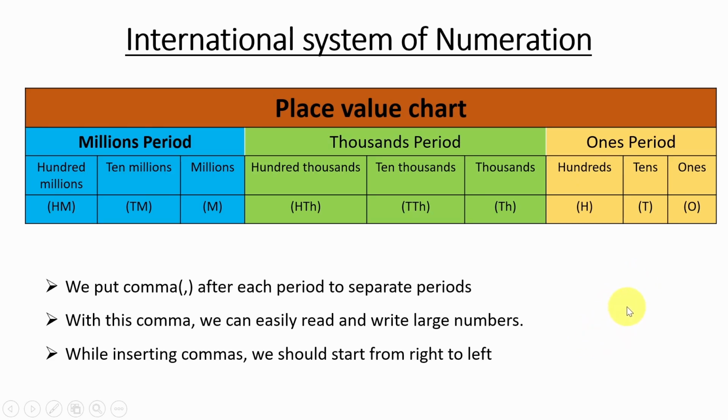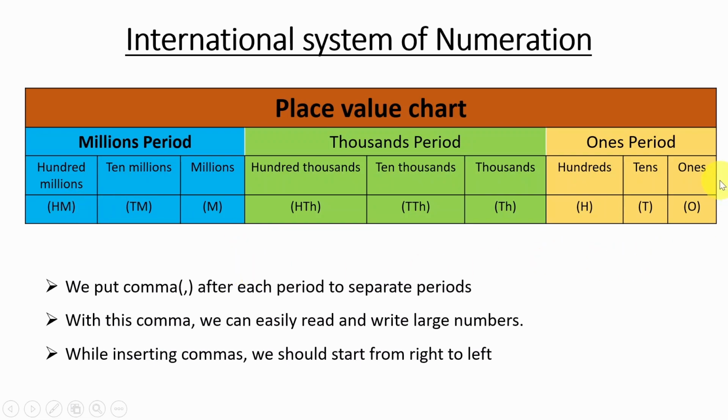Next one is International Number System. This is the place value chart of International Number System. Here the different places are ones, tens, hundreds, thousands, 10,000s, 100,000s, millions, 10 millions, 100 millions.